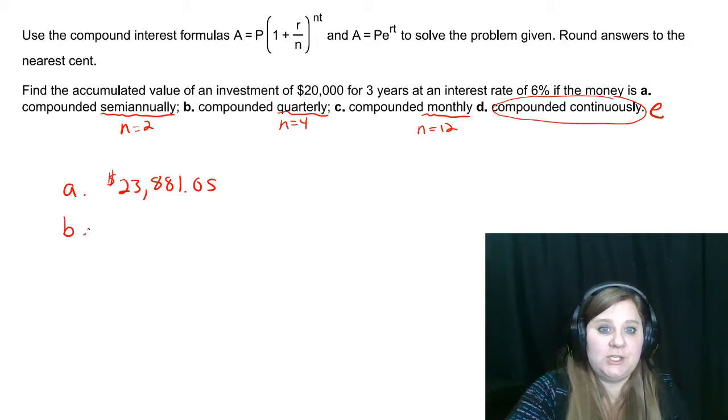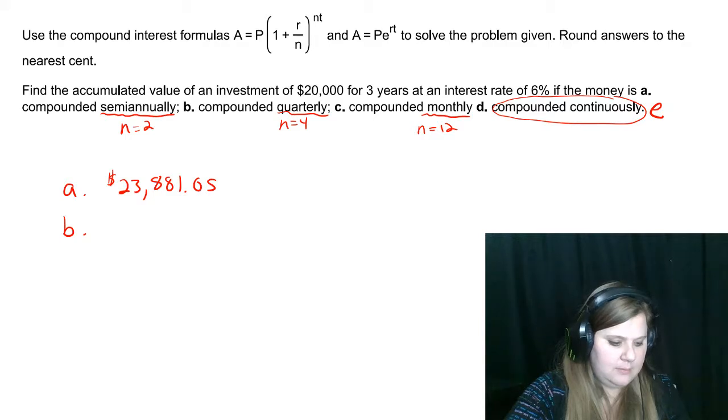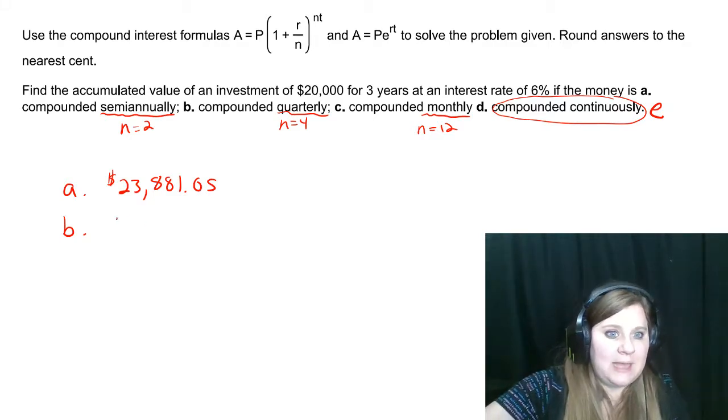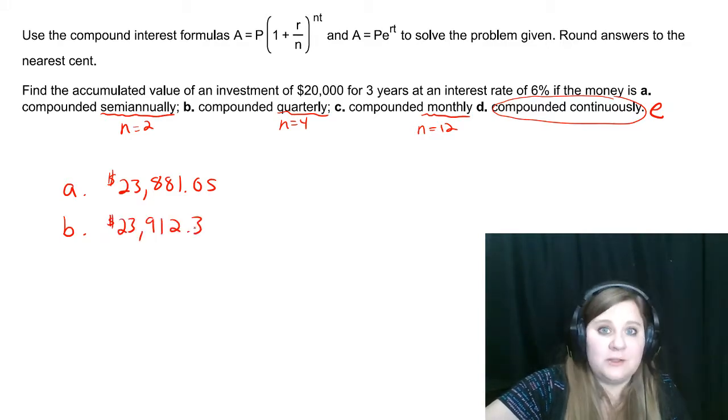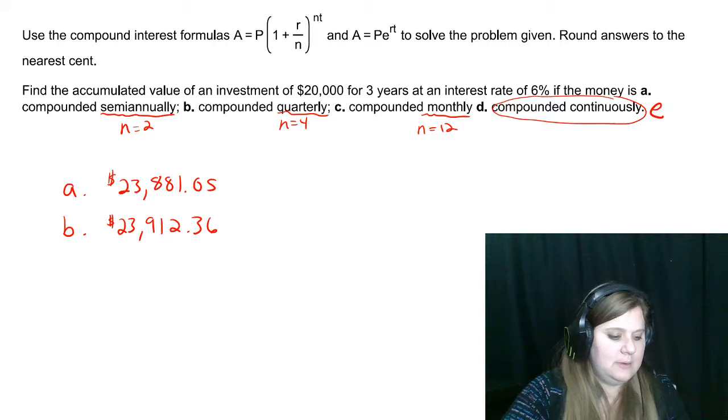If I change it to quarterly, then I get $23,912.36.